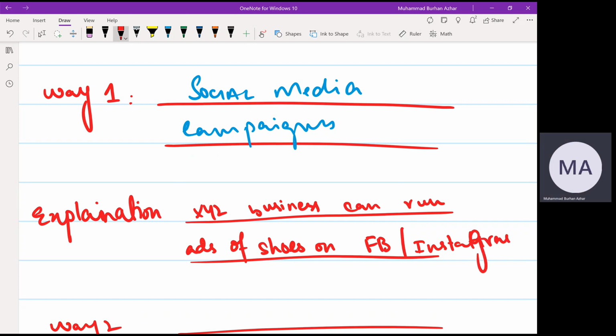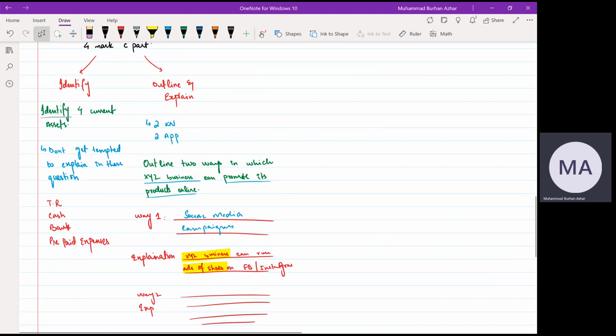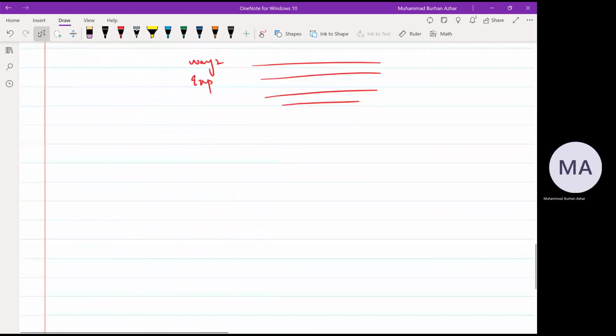So that is my explanation जिसके अंदर I gained the application point because I have written in context to XYZ business. So that is how you're supposed to answer a 4-mark question.